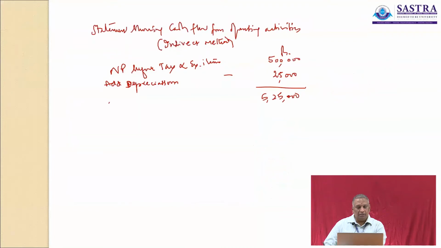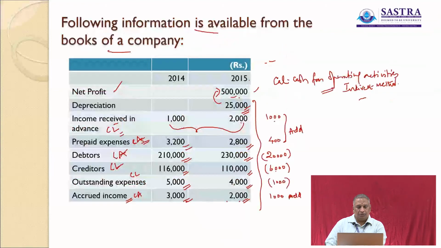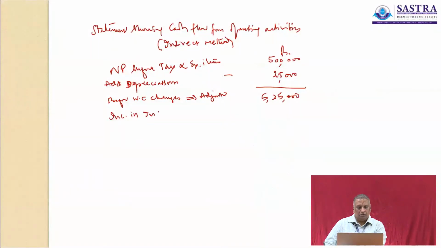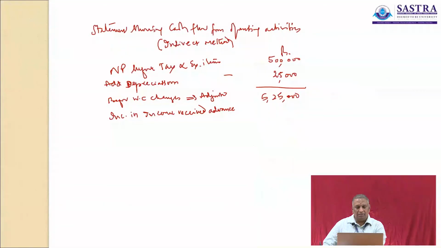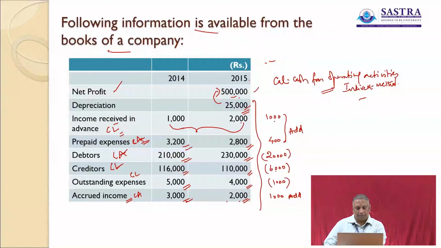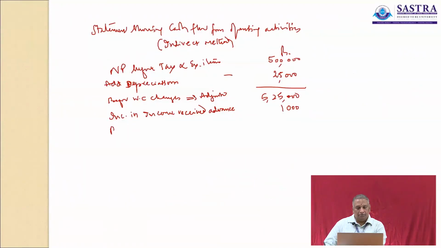This is before working capital changes. It should be adjusted. So increase in income received in advance. So the current liability is increasing. So you'll have more cash. Then decrease in prepaid expenses.